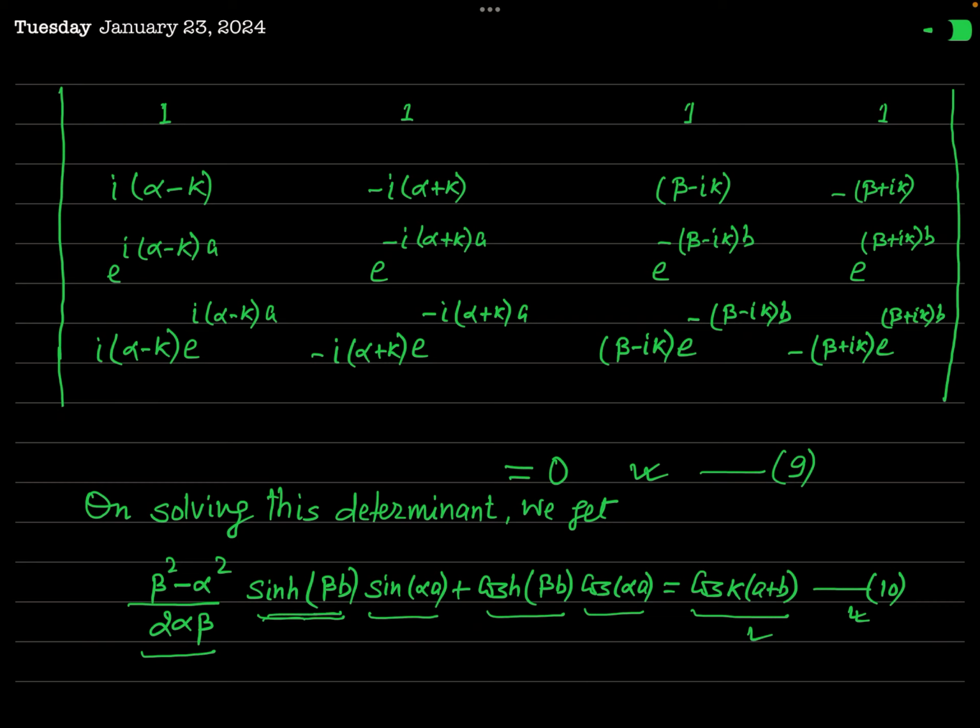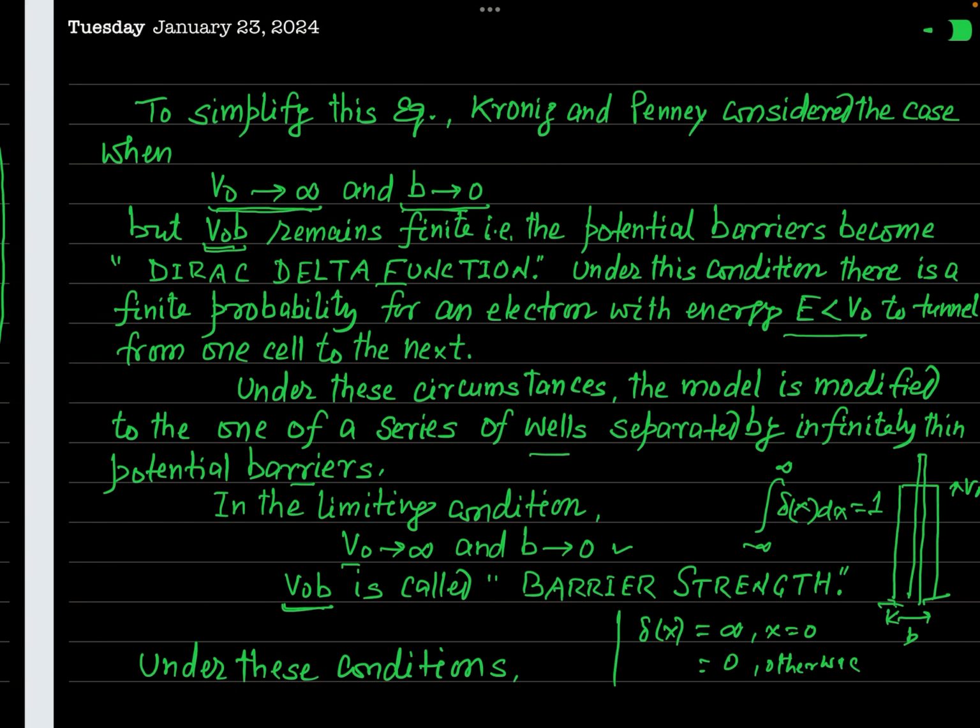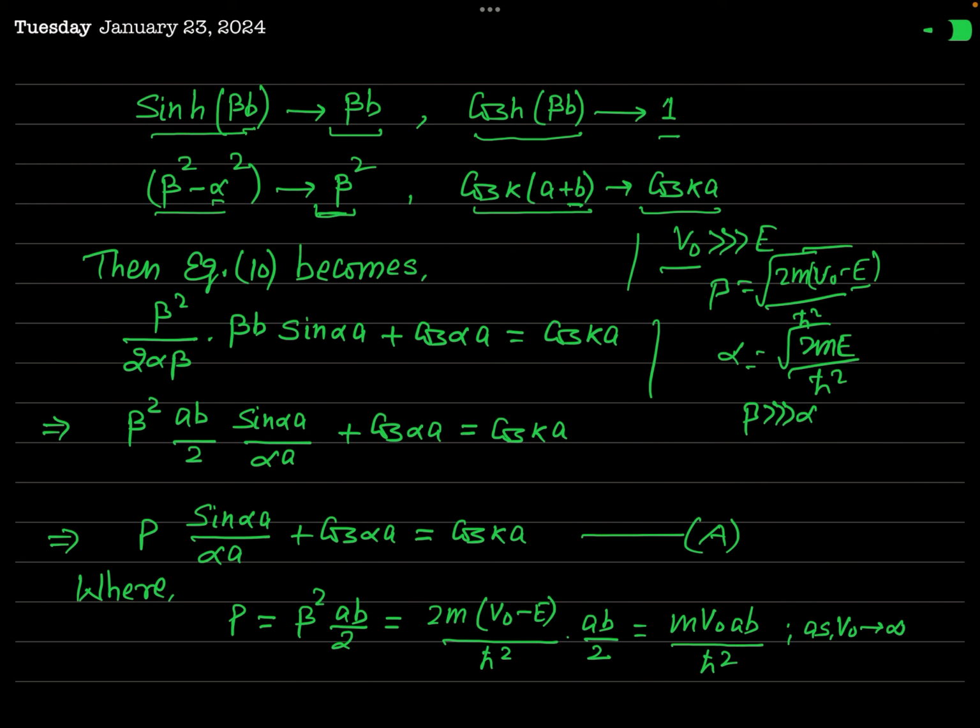Instead of sinh βb, we will simply write βb. For cosh βb, we will write 1. And for cos k(a+b), we will write simply cos ka. So making these substitutions in equation 10, our result is: β²/(2αβ) times βb times sin αa plus cos αa equals cos ka. Okay.